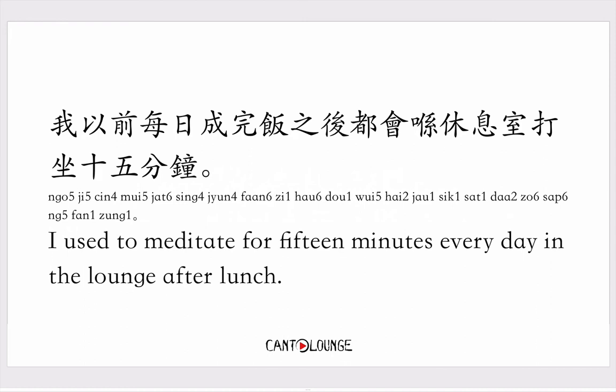For example, again, this is very generic, you might say 我以前每日食完飯之後都會喺休息室打坐15分鐘. So 我以前 before, back in the day, 每日 every day, 食完飯之後 after eating lunch or dinner, 都會 usually 喺休息室 in the resting lounge 打坐 meditate for 15 minutes, 15分鐘. Okay.